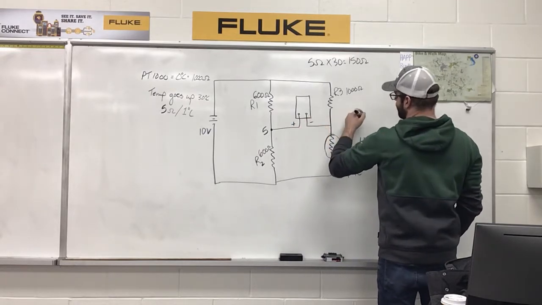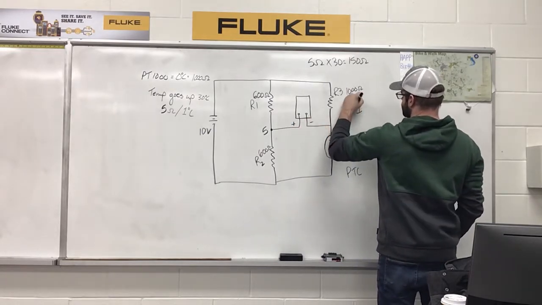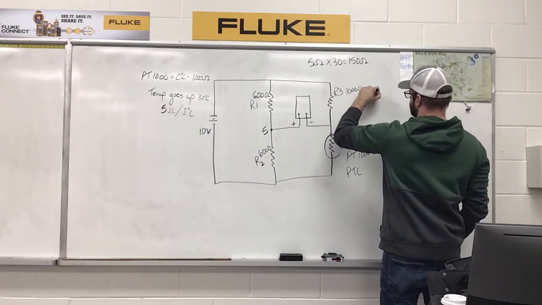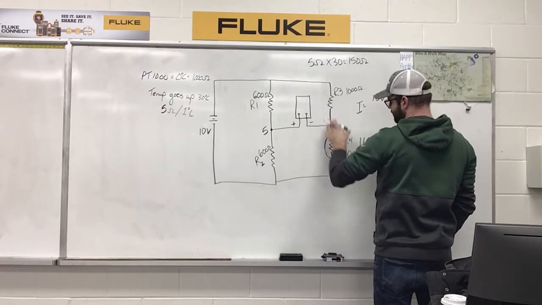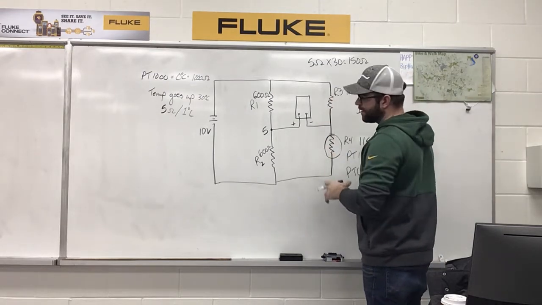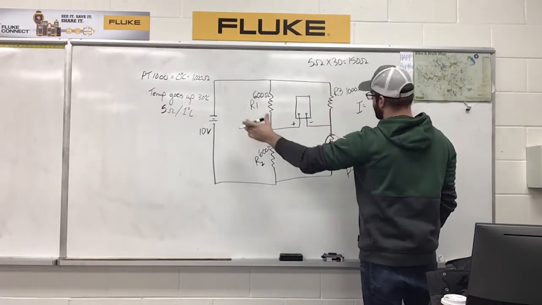Now we can calculate what the resistance is through this branch. So we have our current equal to 10 volts, which is the supply, and these two resistors obviously have to have the same voltage drop as the supply.